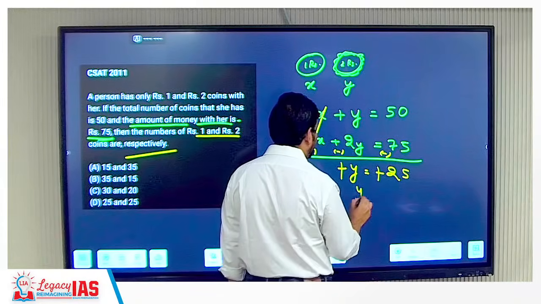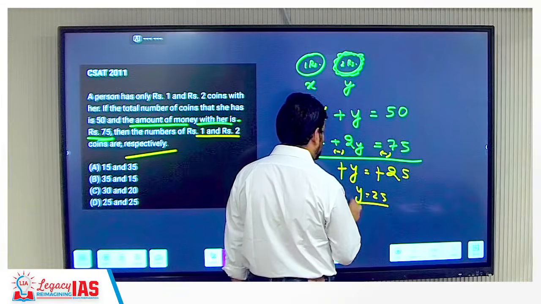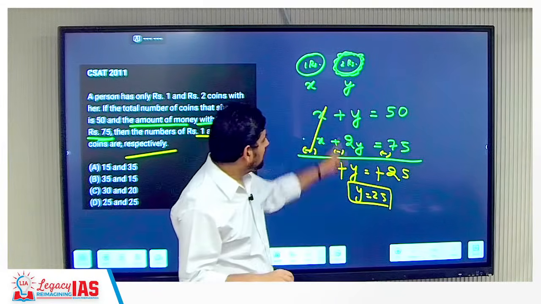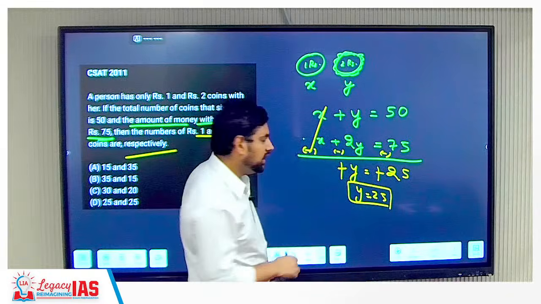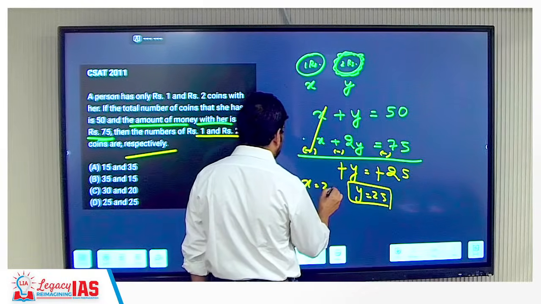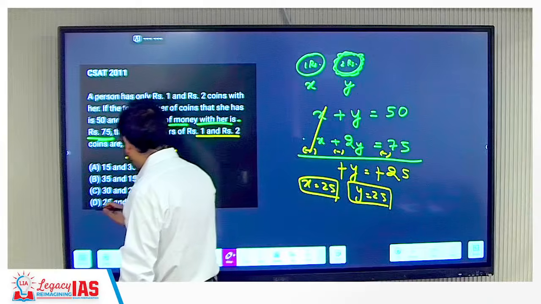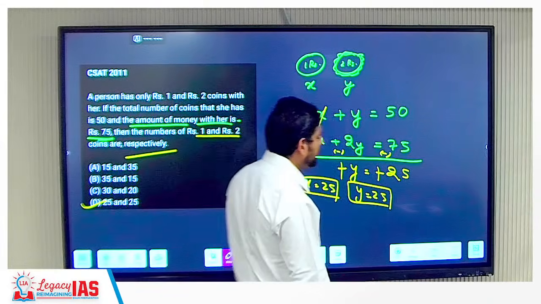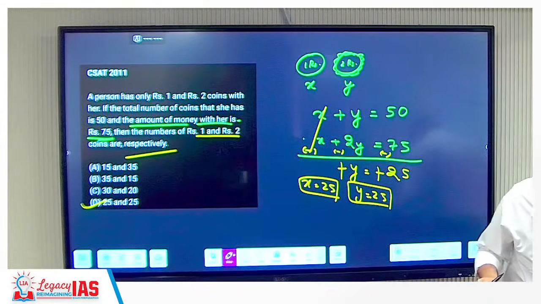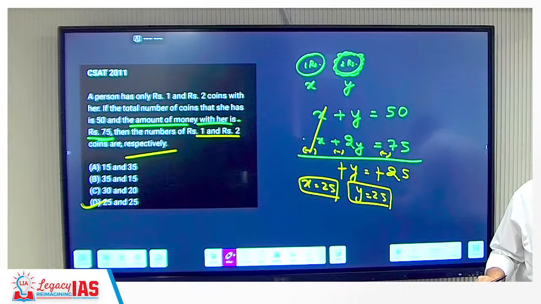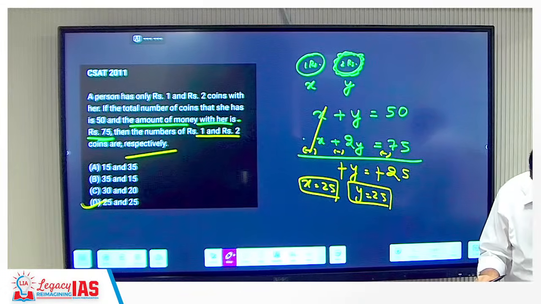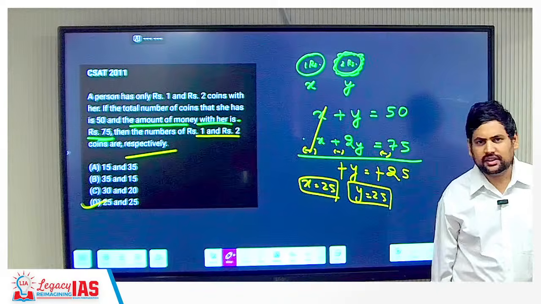Minus minus cancel. y came equal to 25. If you put it here, x plus y was 50, so x is also 25. Answer becomes D, 25, 25. Yes, D is correct. 25, 25.